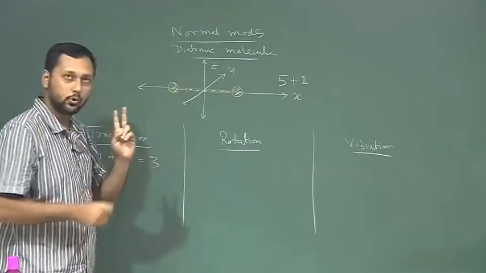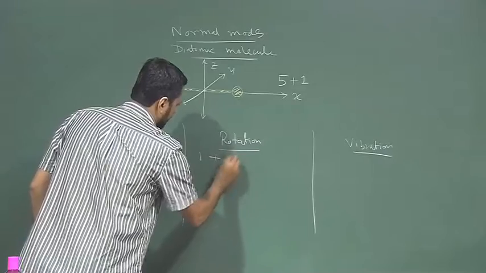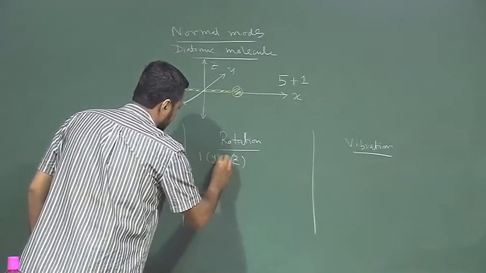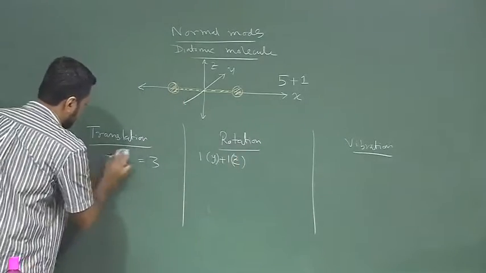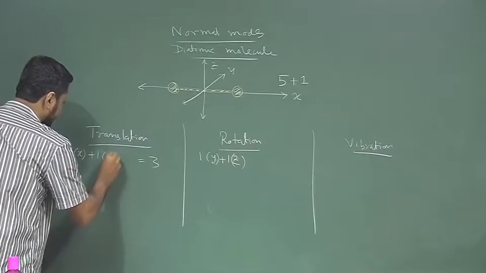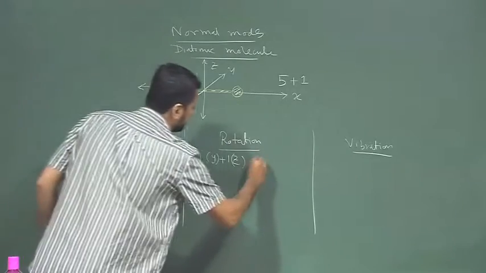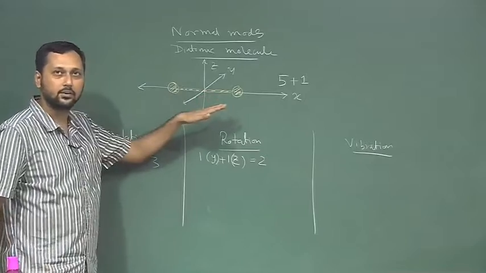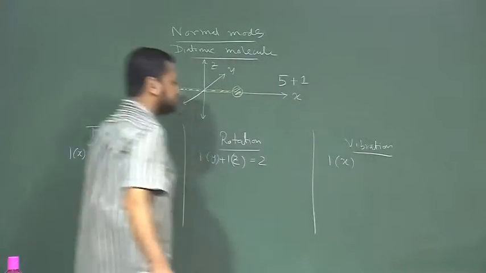So there could be 2 rotations, one along y and one along z. How many vibrations? Only one, because as I said, along y and z it can rotate, it cannot vibrate. So there is only one vibration which is along x.